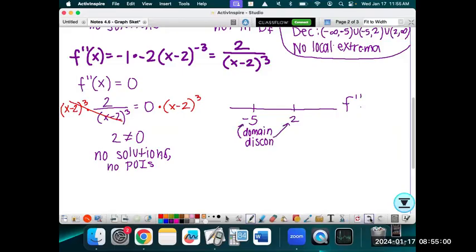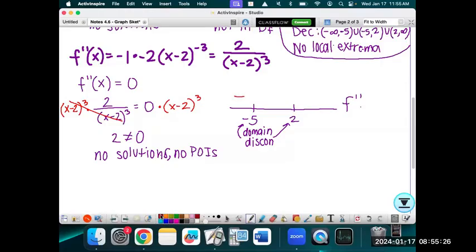All right. So if I plug -6 into my second derivative, we get -8 cubed in the denominator, which is still going to be negative. We'll end up having a positive over a negative. Negative wins out.